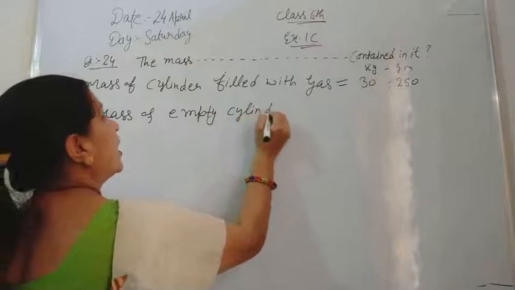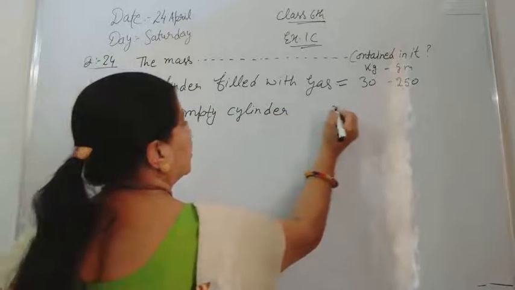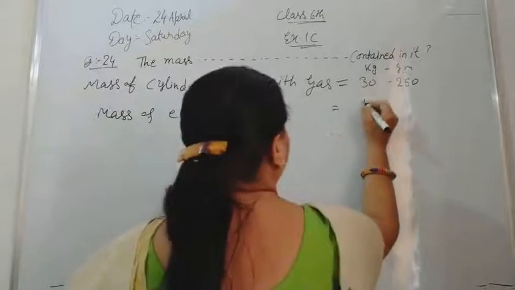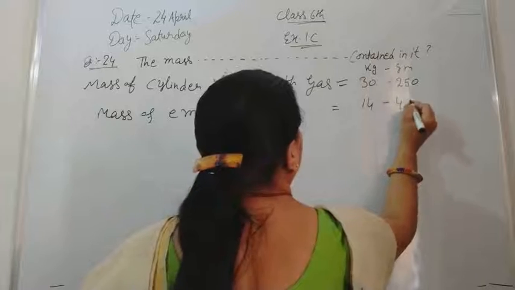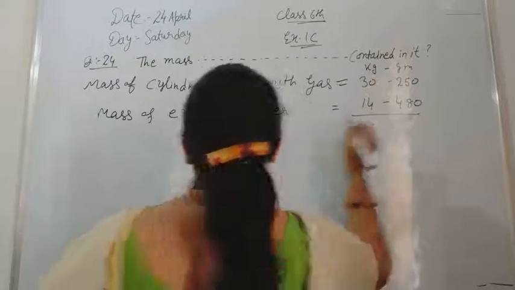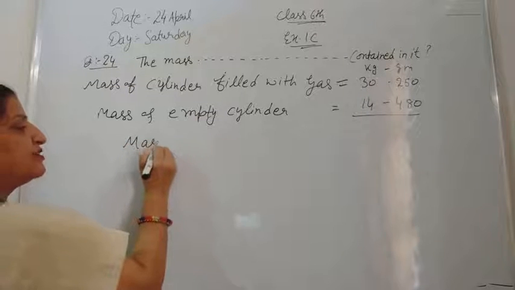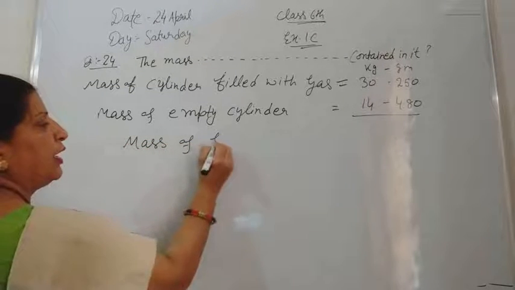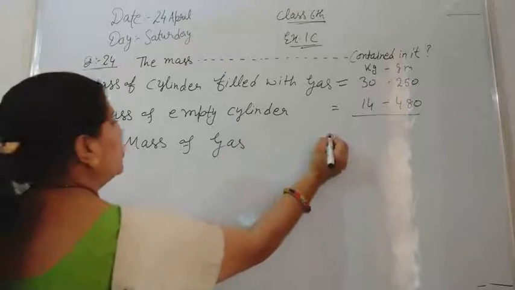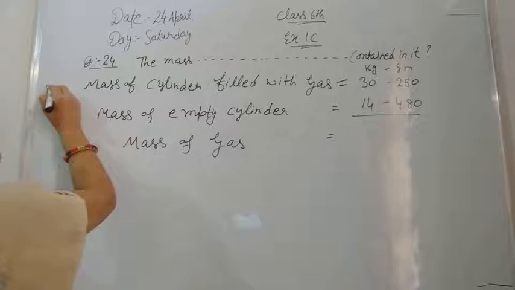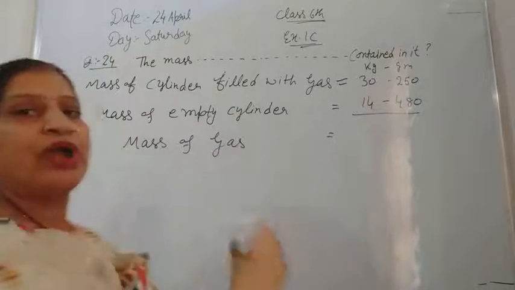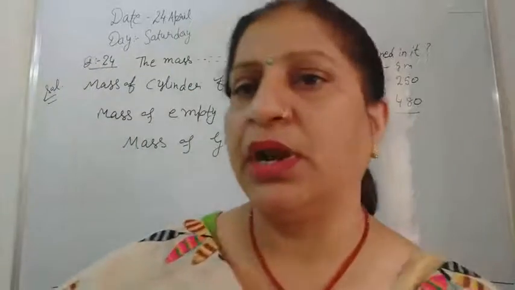Empty means khali. That is equal to 14 kg 480 gram. Now you have to find the mass of gas. When you have to find the mass of gas, then you have to subtract the numbers.